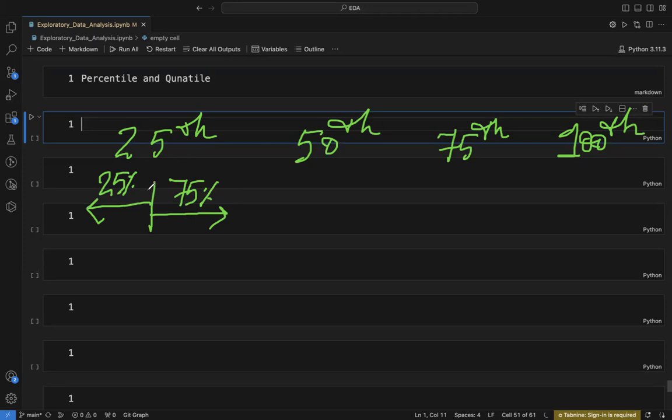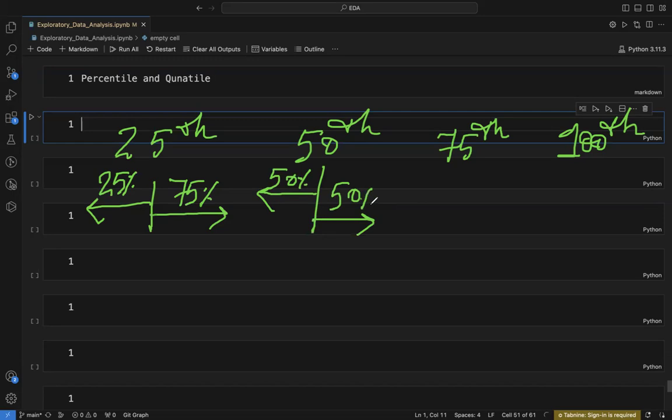That is, 25% of values are lying here and 75% of values are lying after this value. Now the 50th percentile is nothing but your median, which means 50% of values are less than this and 50% of values are more than this.